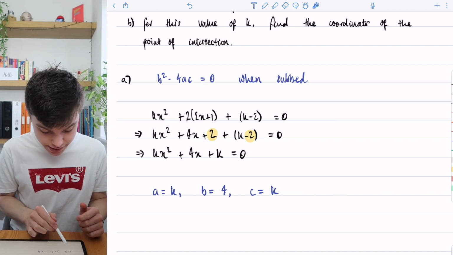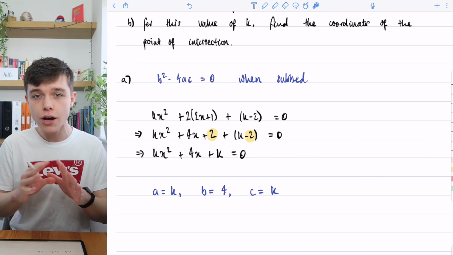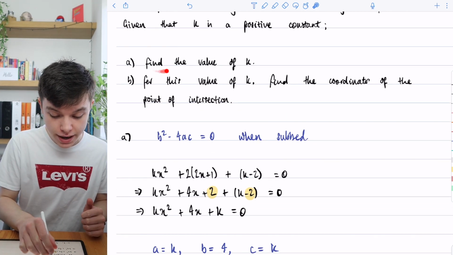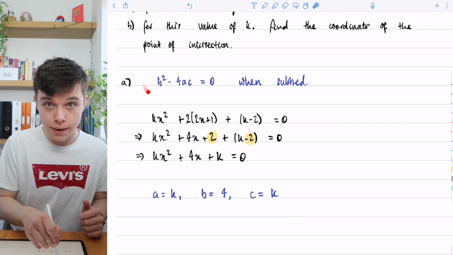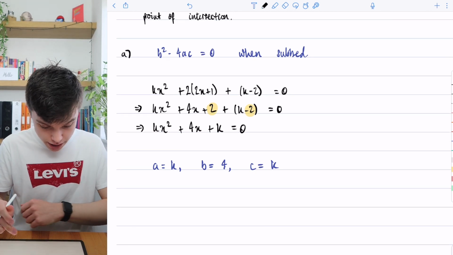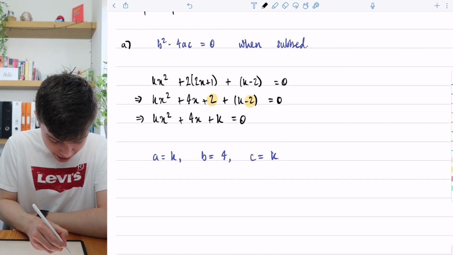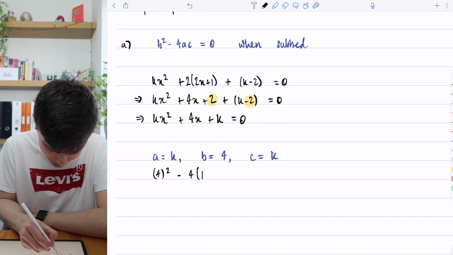Don't worry that a and c are both equal to k, because what we need to do is find the value of k, and that's going to help us when we substitute into our discriminant, which is equal to 0. So let's substitute in b squared. That's going to be 4 squared minus 4 times k.